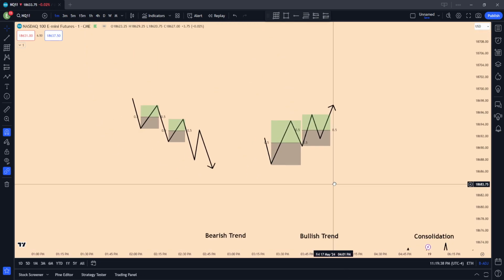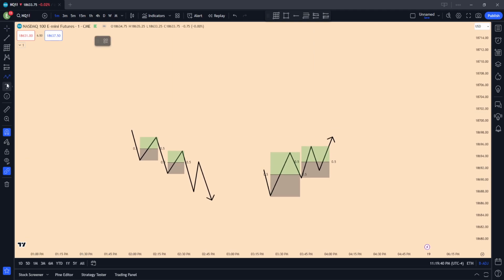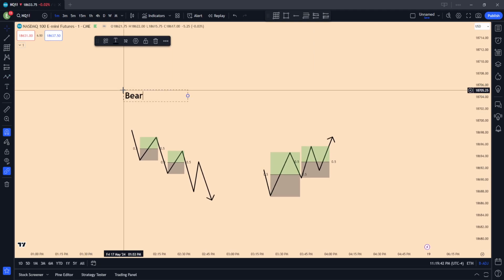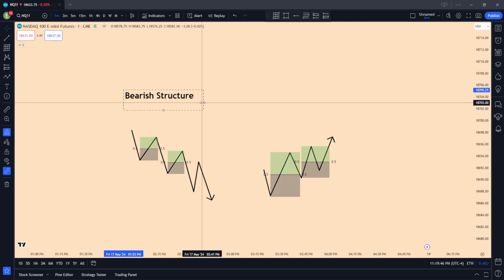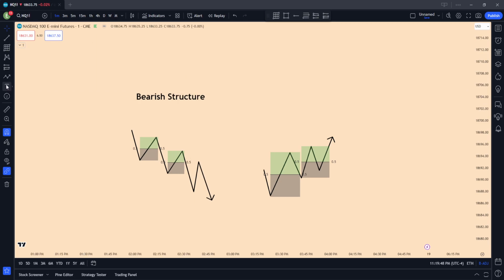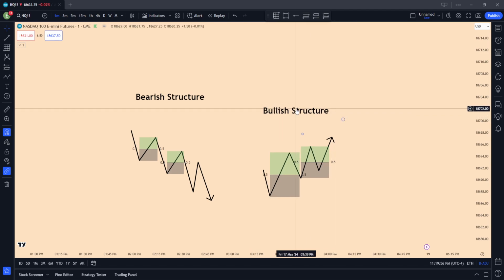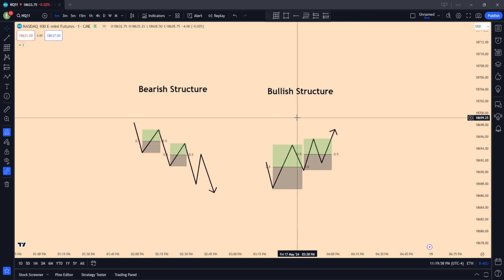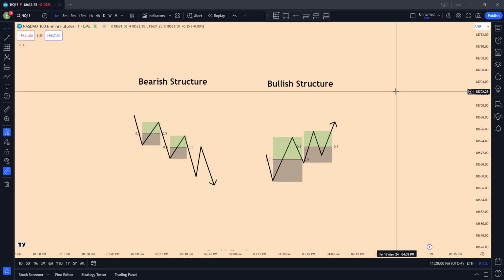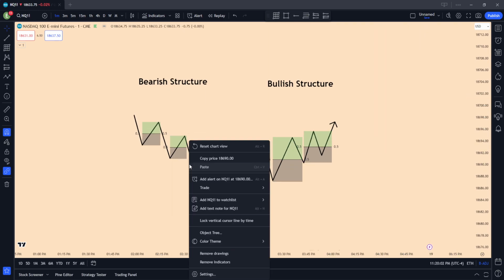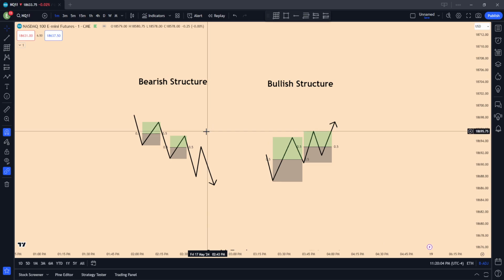So over here we have bearish structure, or you can call it a bearish trend. And then over here we have bullish structure, or you could call it a bullish trend. Okay? So you have to understand what makes a trend.